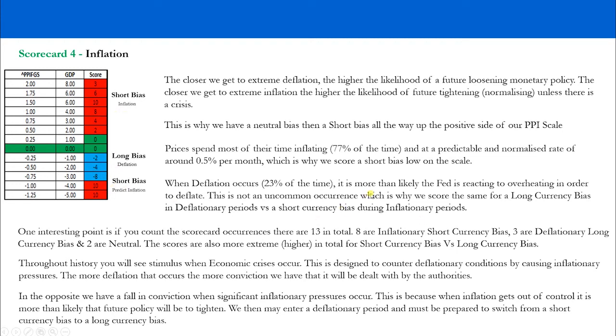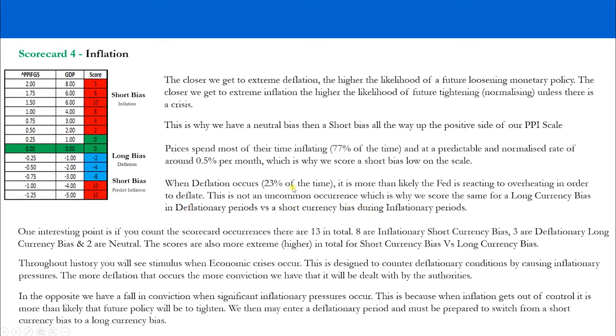And throughout history, you'll see stimulus when economic crises occur. That's designed to counter deflationary conditions by causing inflationary pressures. And the more deflation that occurs, clearly, we're going to have more conviction that the authorities will step in and deal with it.